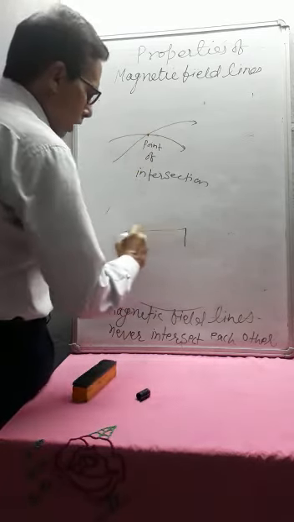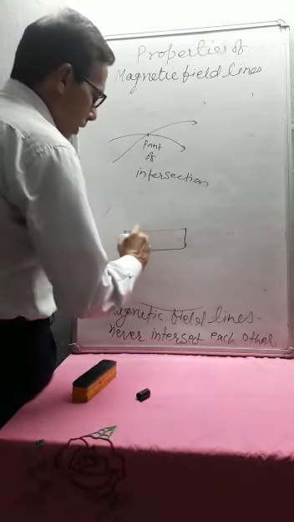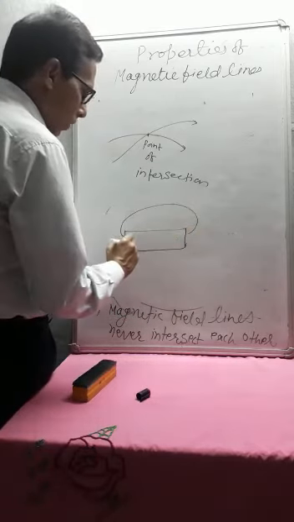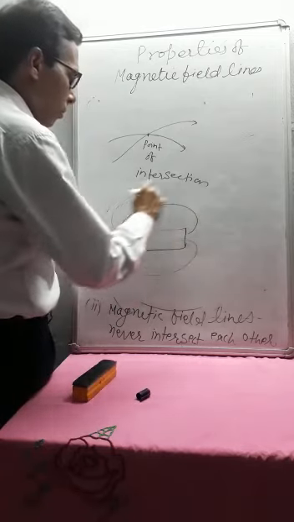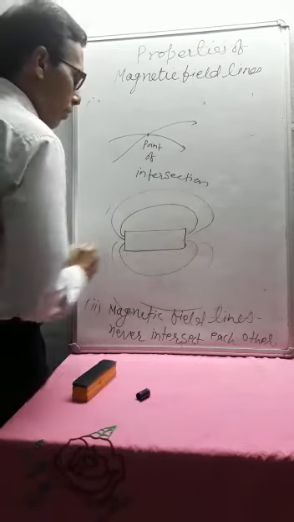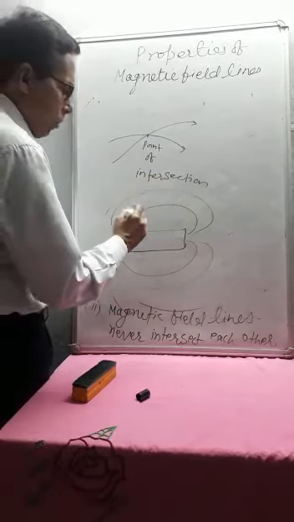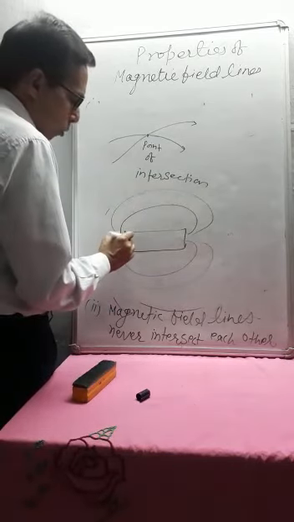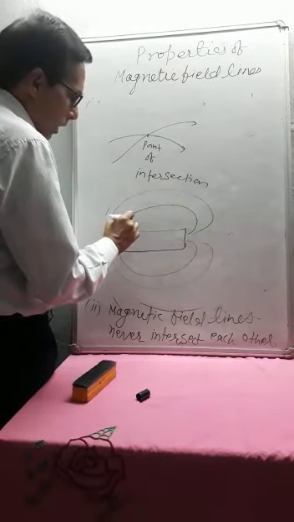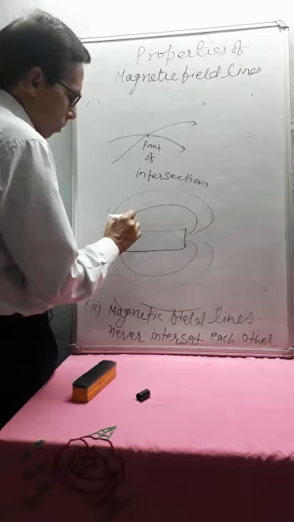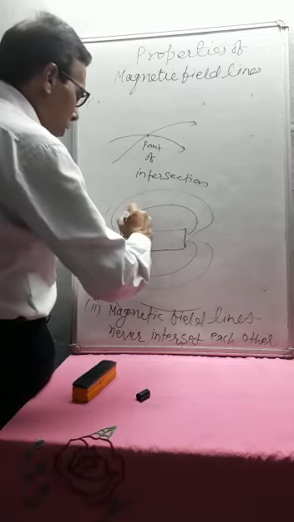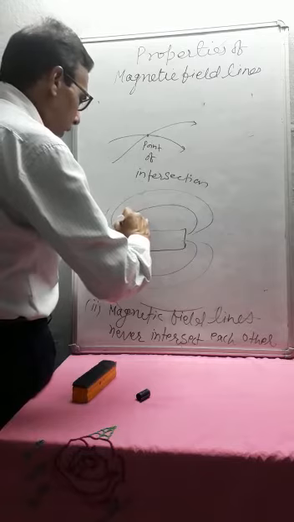In this case, how can you say that? Suppose this is a magnetic field line. What is the direction of magnetic field? At this point we draw one tangent.